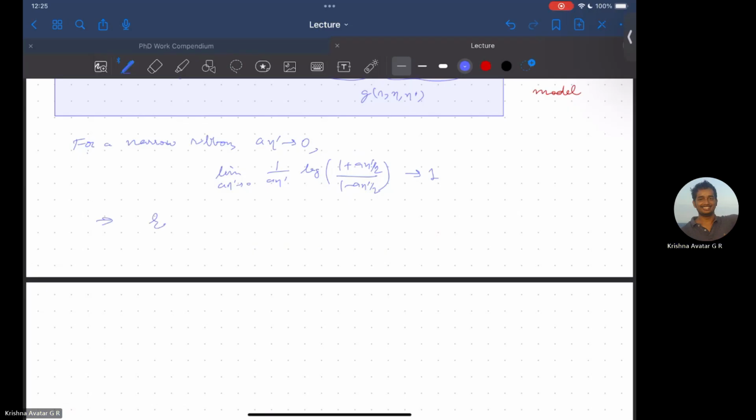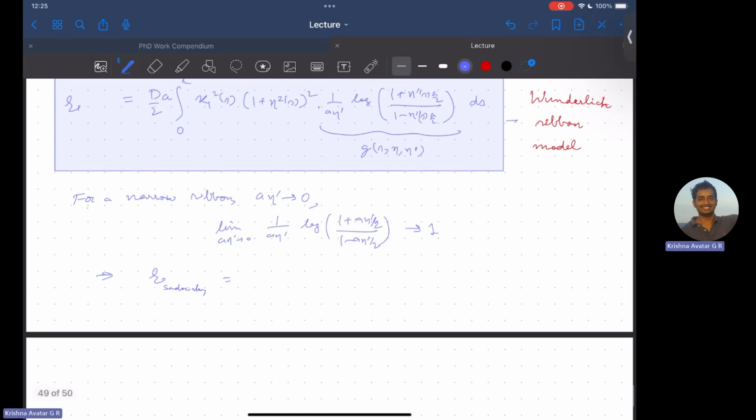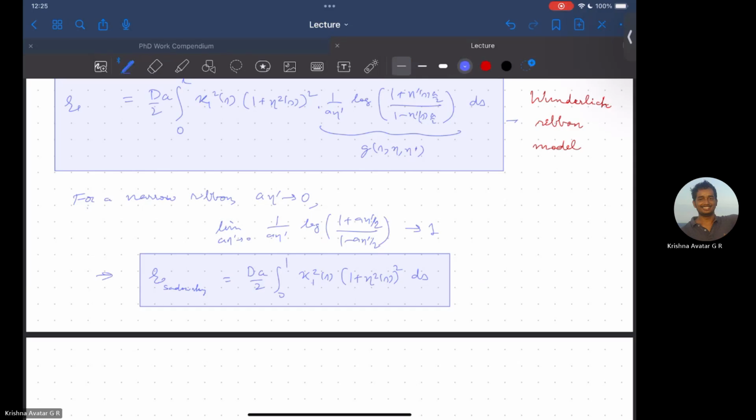So we have E Sadowsky, and this is given as integral 0 to l of kappa 1 squared of s. This is the Sadowsky model.